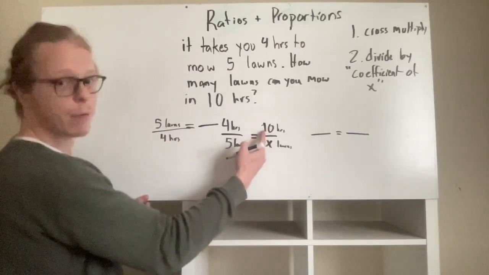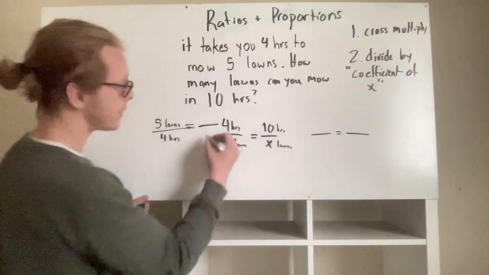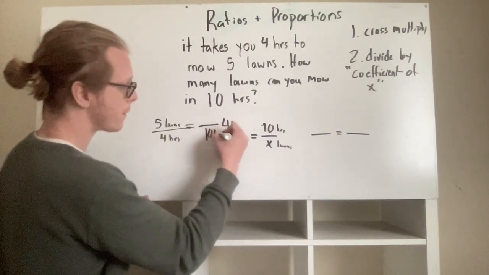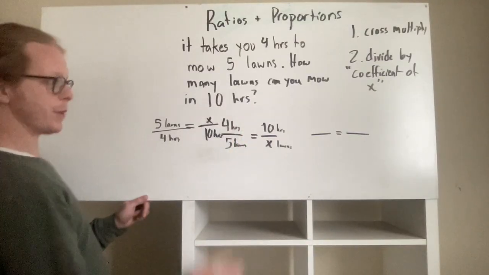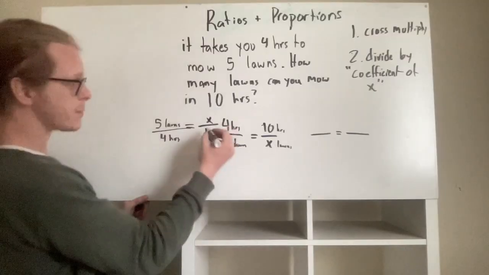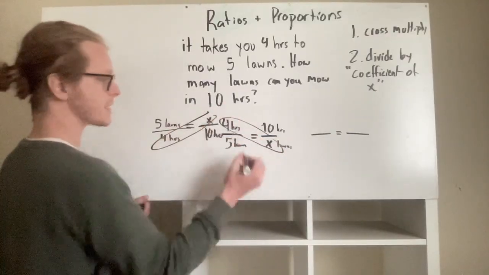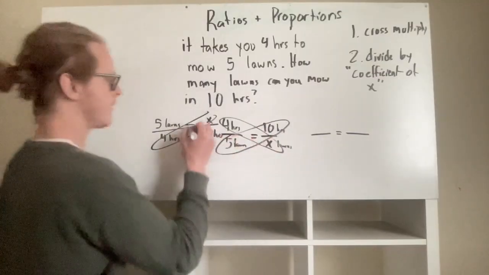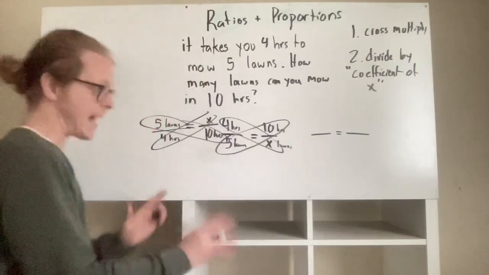So where should this 10 hours go in this situation? It should go in the denominator, and then X up here. But notice that for both of these, when we cross multiply, 4 times X, 5 times 10, our cross multiplication will be exactly the same.